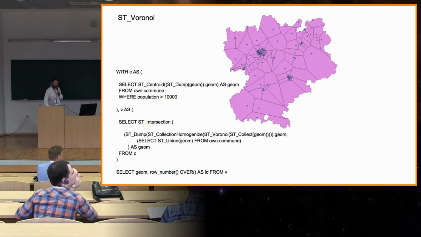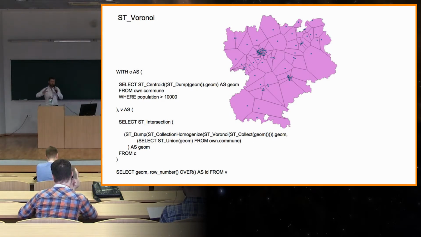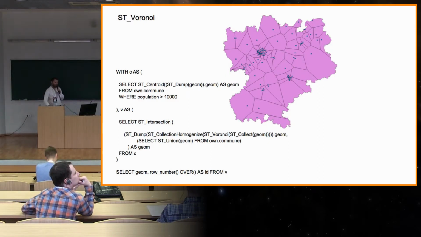So there is no hole between cells, and the input data set is only the points. So the area grows as much as it can, until they meet the other cells, and so they stop. It's a quite easy way, from a point data set, to create an area of interest.